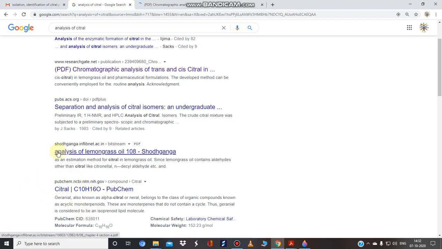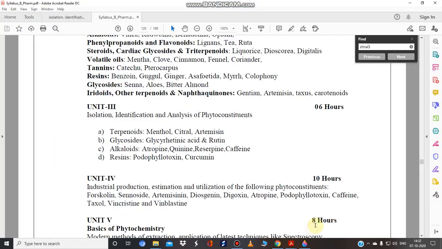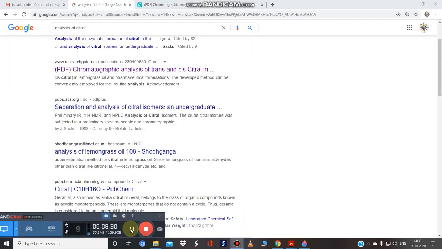You have to write a few points or few lines about the analysis also, because in our syllabus we also have the analysis of phytoconstituents. Like in the case of menthol we discussed gas chromatography, in the case of citral also we will see which analytical technique is used.